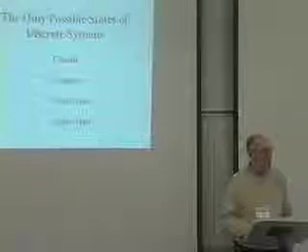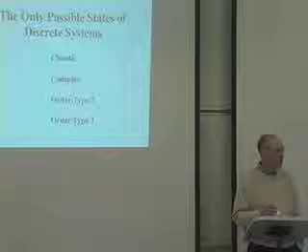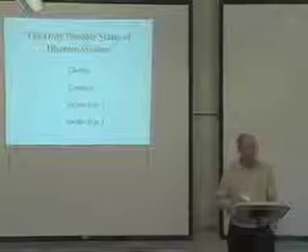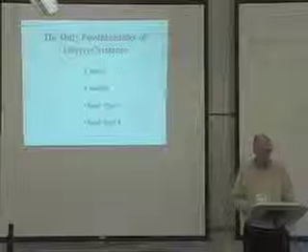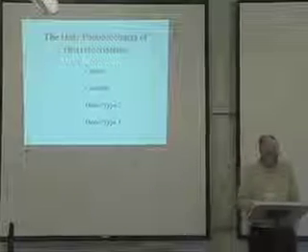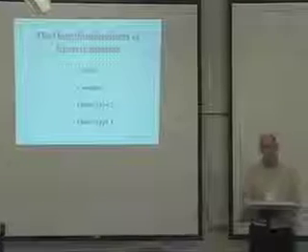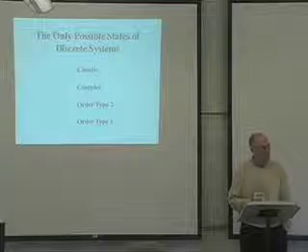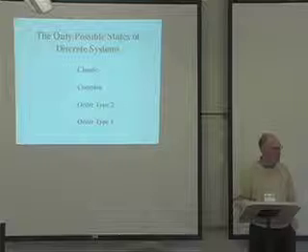Now, the interesting part of this is in the study of abstract discrete systems, there are only 4 states of behavior. They're listed here. You can think of them as solid, liquid, and gas, like those states. Often you can tell which state of behavior you're dealing with by observation.